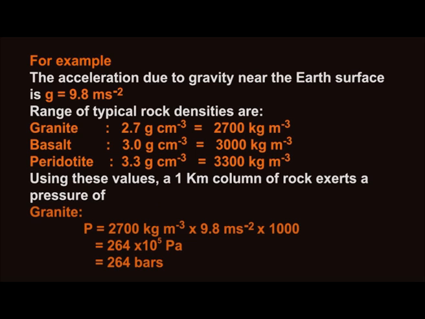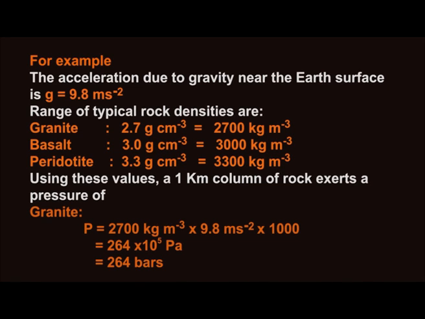For example, the acceleration due to gravity near the surface is small g equal to 9.8 meter per second square, and the range of typical rock densities are: granite 2.7 gram per centimeter cube, equal to 2700 kg per meter cube; basalt 3.0 gram per centimeter cube, or 3000 kg per meter cube; peridotite 3.3 gram per centimeter cube, or 3300 kg per meter cube.